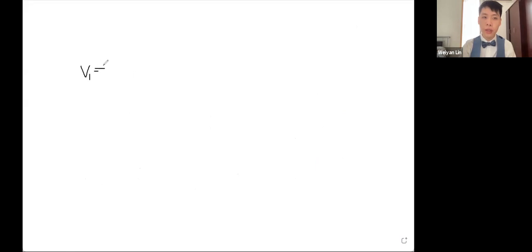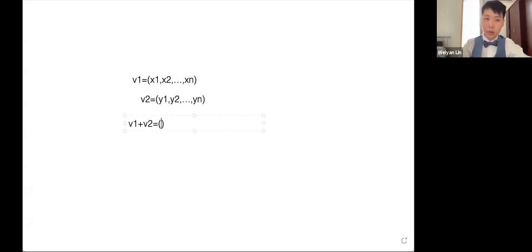So if V1 again is x1, x2, and V2 is y1, y2, okay, then V1 plus V2, no surprise, is just adding the numbers in each dimension.